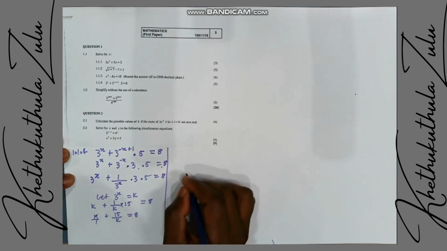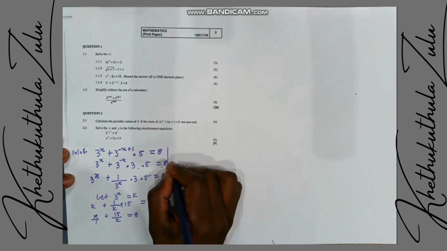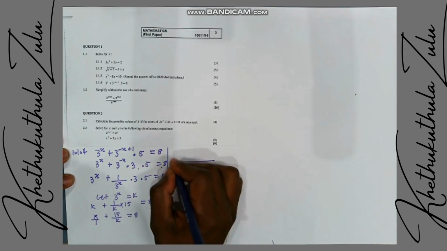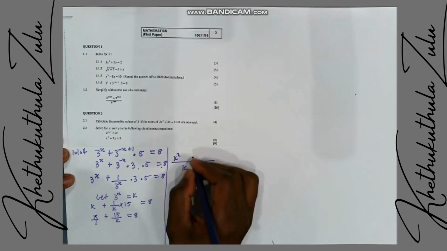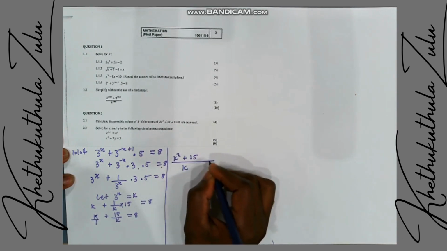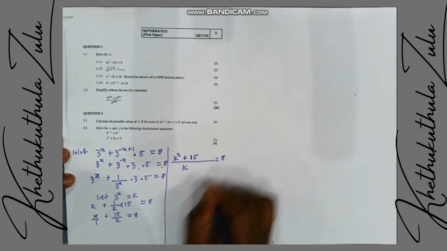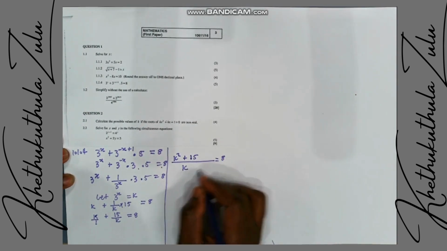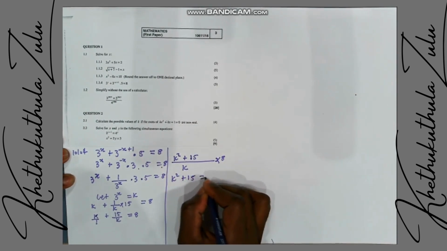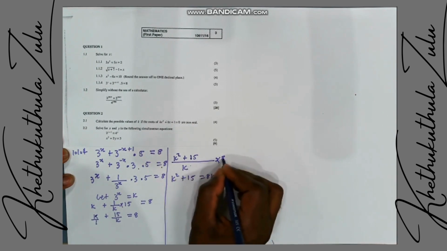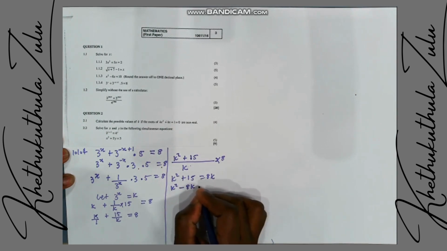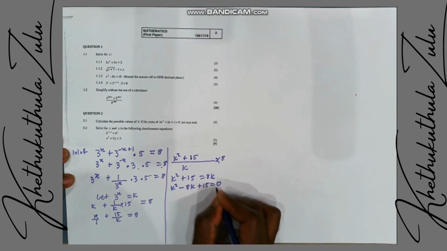The LCD here is just k, then k goes into k 1 time, and k times k is k squared. k goes into k 1 time, so we just have 1 times 15, and then 15, and then is equal to this 8, and then cross multiply here, just k squared plus 15, and then is equal to 8k. This k is gonna times this 8, then we have k squared, take this to the other side, is negative 8k, and then plus 15 is equal to 0.